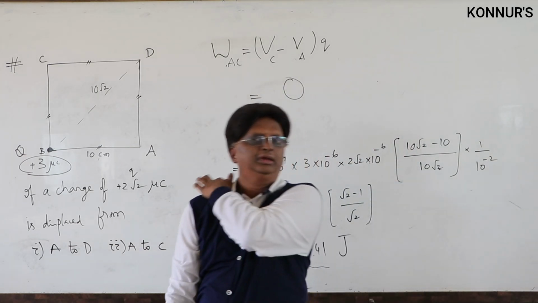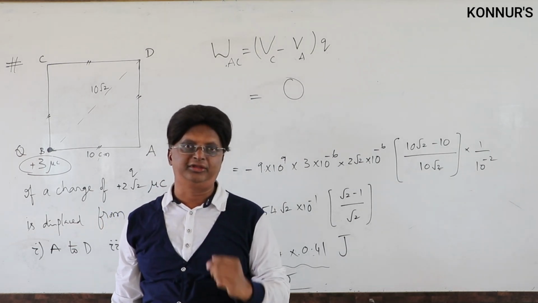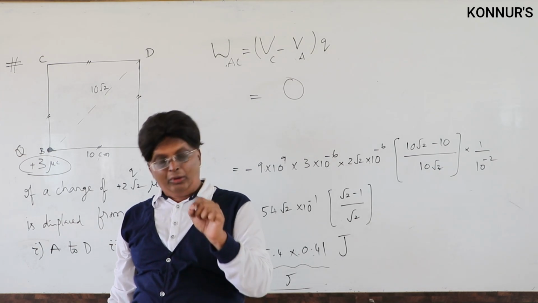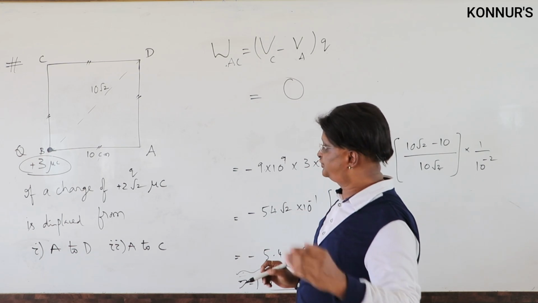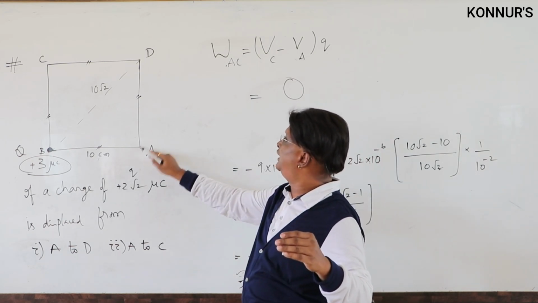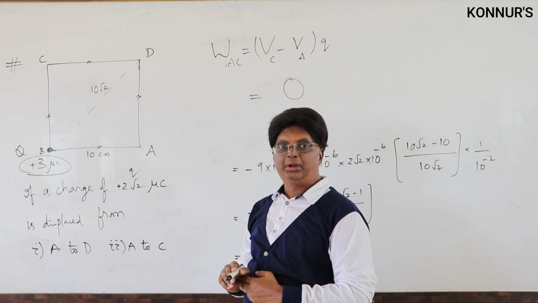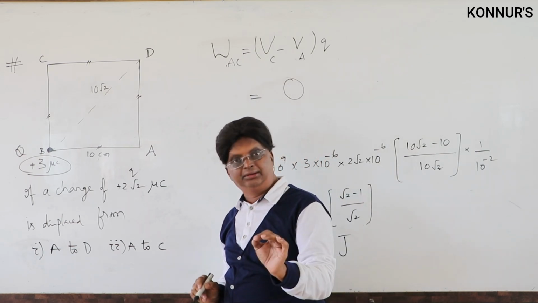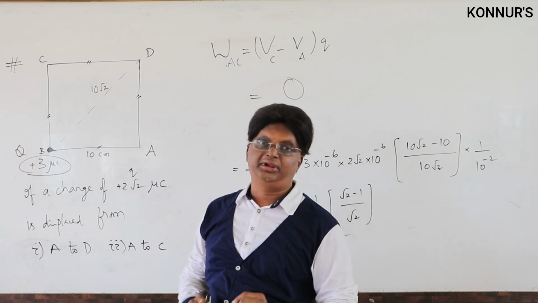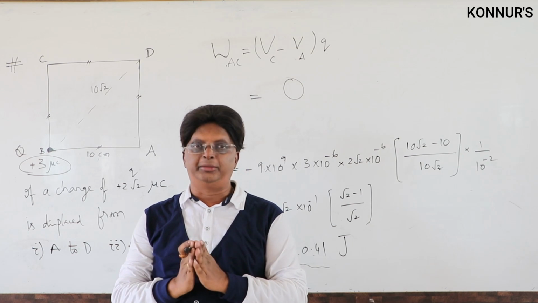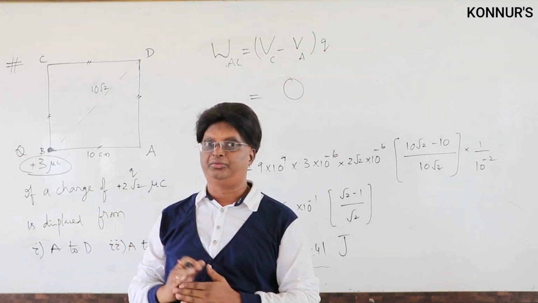Again a property of equipotential surface or equipotential points. No work is done in displacing a charge. Now in the same example, if the question is about a displacement from A to D and then D to C. Remember, electric field is a conservative field. And what is the property of a conservative field? In the case of a conservative field, work done is always independent of path, depends only on the initial position and final position.